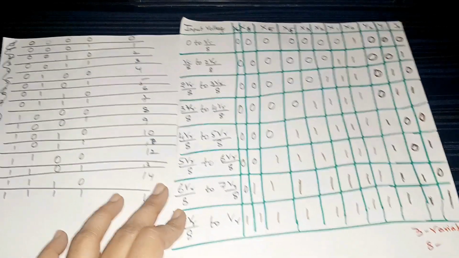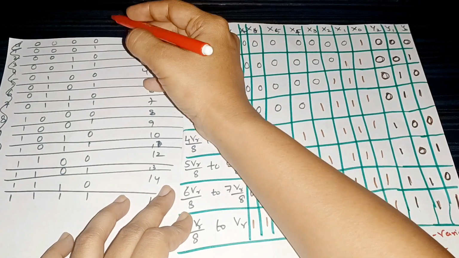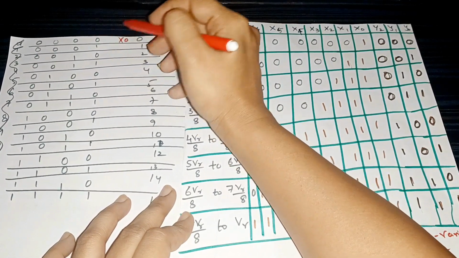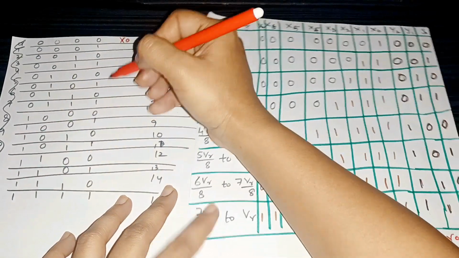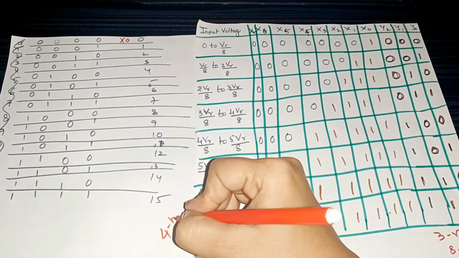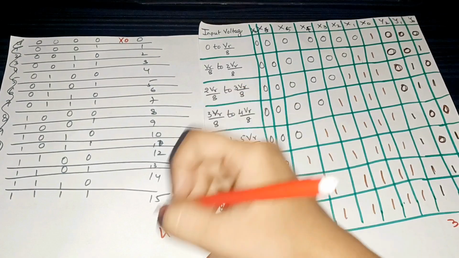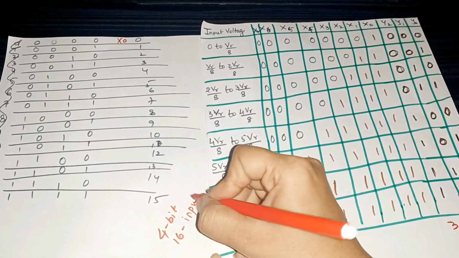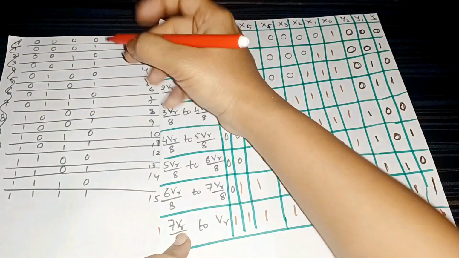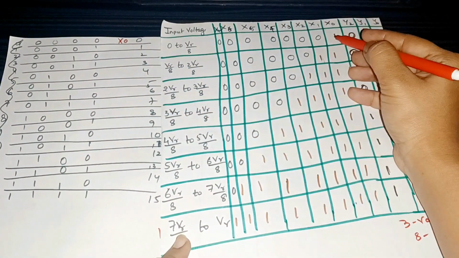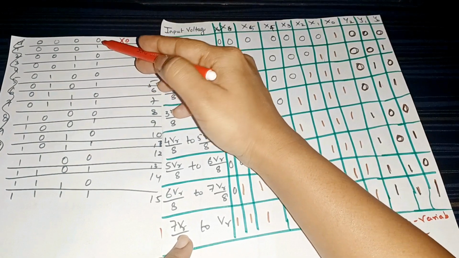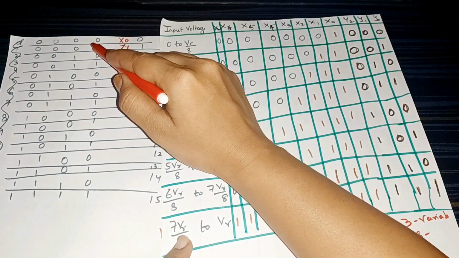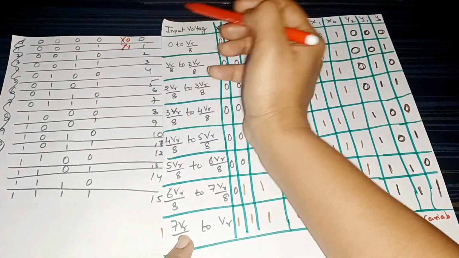Similarly, for a 4-bit variable we get 16 inputs. When we give x0 as the input we get 0000, and if we give x1 as the input we get 0001.